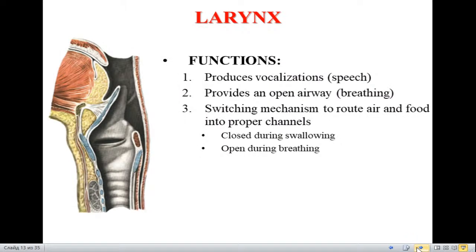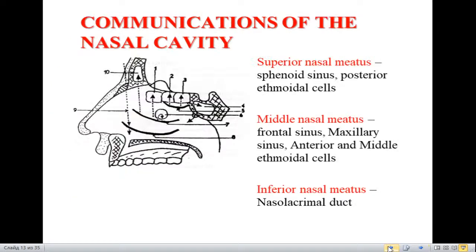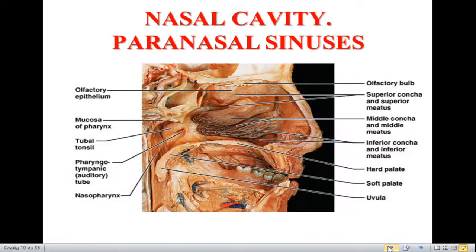The larynx is the next organ of the respiratory system, but you have to remember that after the nasal cavity we have the nasopharynx, which is also an organ of the respiratory system. The nasopharynx and oropharynx participate in providing the air.